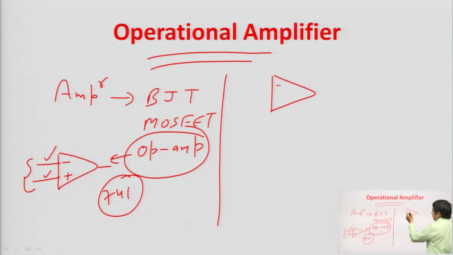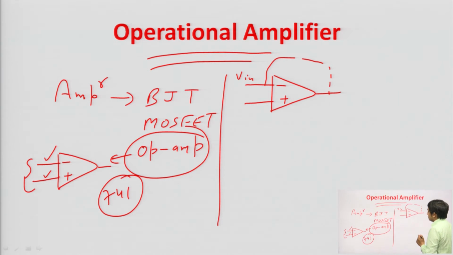Now, this operational amplifier can be used in two configurations, one is inverting and another one is non inverting. If we are applying the input signal at the inverting terminal, right, then your operational amplifier is called an inverting amplifier, and obviously there will be feedback. In an amplifier, obviously negative feedback will be there, that is why the output is connected to the inverting input terminal.